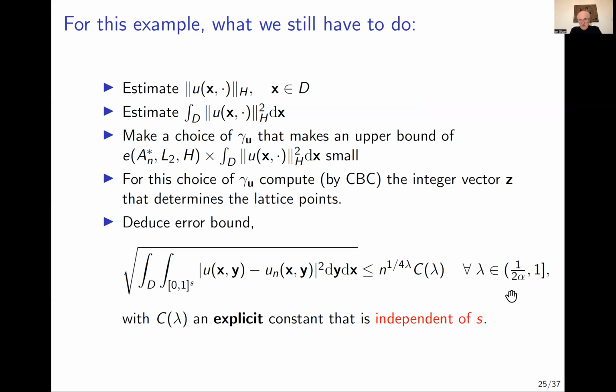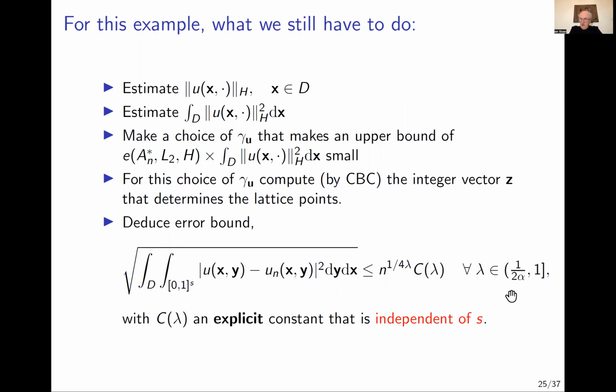So you sort of use lattice points, and we use an error bound, which is the L2 error bound with respect to both the physical and the stochastic variable. Square root of the integral over D and the integral over [0,1]^s, all that, and we get that it's of order n to the minus alpha on 2 plus delta times an explicit constant, which the way we've done it now turns out to be, this is a lot of analysis, a lot of detail here, but independent of s.